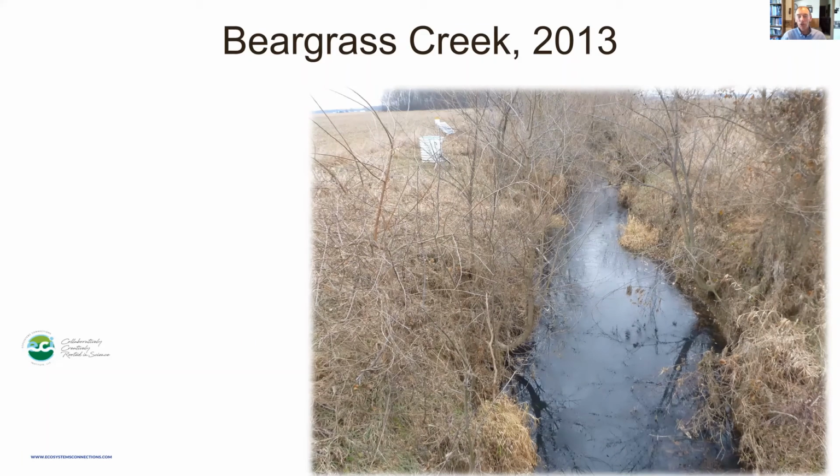We had a great conversation with the farmers, and it turned out to be a positive. But this is a very typical linear tree-lined farm ditch that simply dropped so much organic matter in the water, and during a low flow period, decomposition of those leaves simply drove the dissolved oxygen from the water and caused the fish kill.